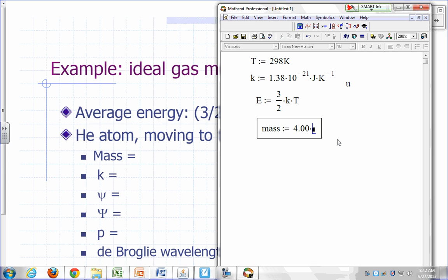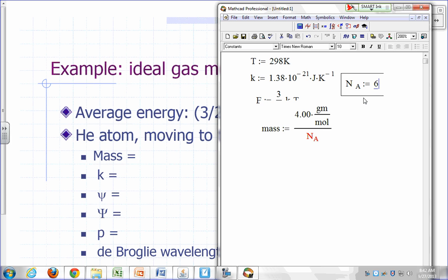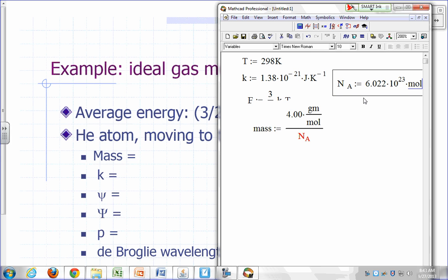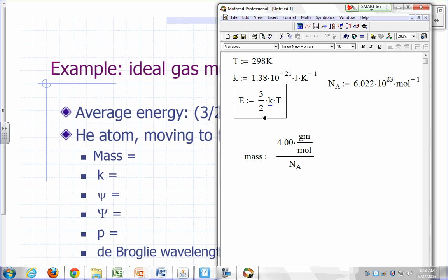Let's see. 4 AMUs. It's 4 grams per mole, right? Divided by Avogadro's number, that will give you the answer in grams. So we just have to define Avogadro's number, equals 6.022 times 10 to the 23rd per mole. Boltzmann's constant is times 10 to the negative 23rd.